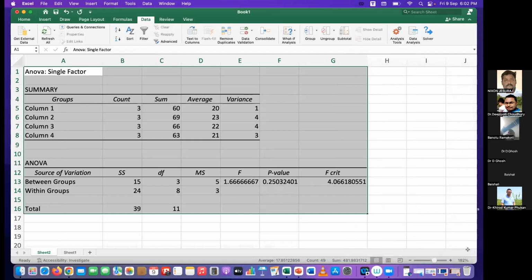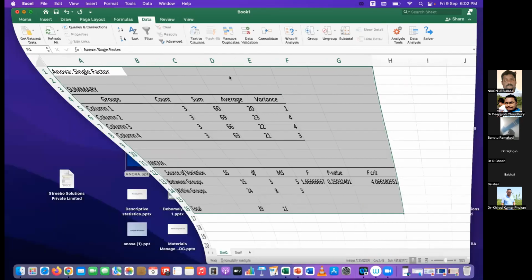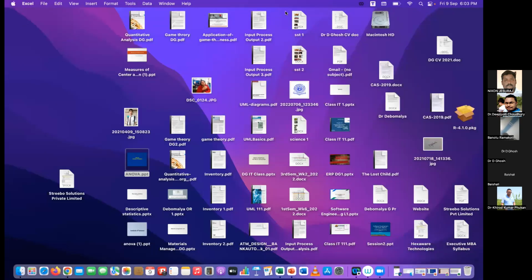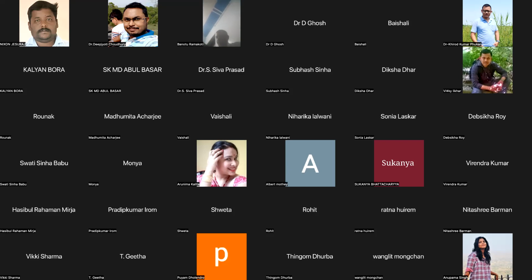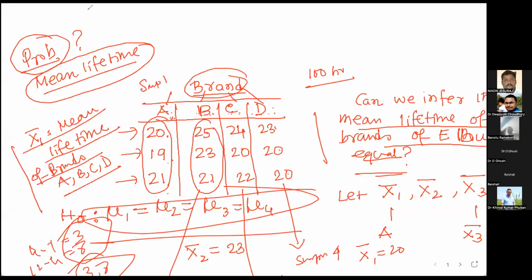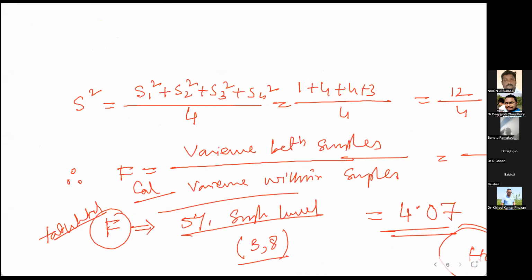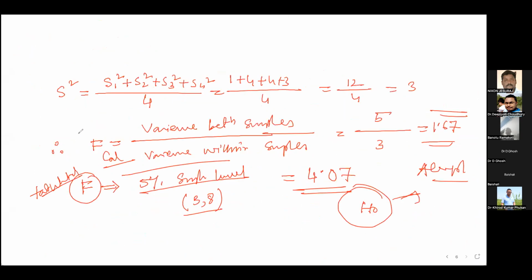Let me check what this observation has given us. If we refer to our whiteboard calculation, F calculated was 1.67, which we actually calculated by following the steps.